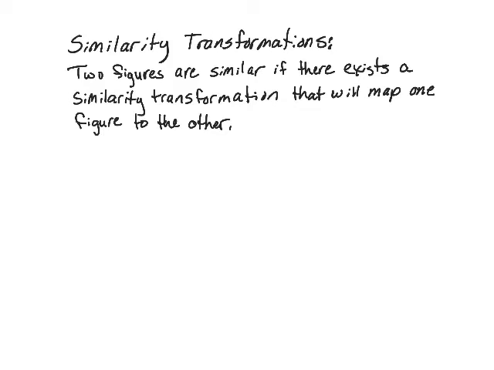So a similarity transformation would be a dilation, and then possibly a combination of rigid motions. It could just be a dilation alone, but it could be a combination of both. So we're going to be mapping and just writing out the similarity transformations to map one similar figure to another.